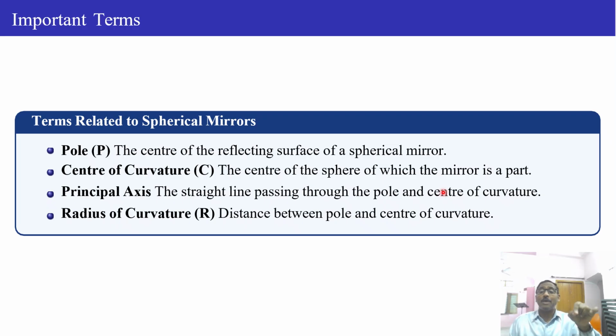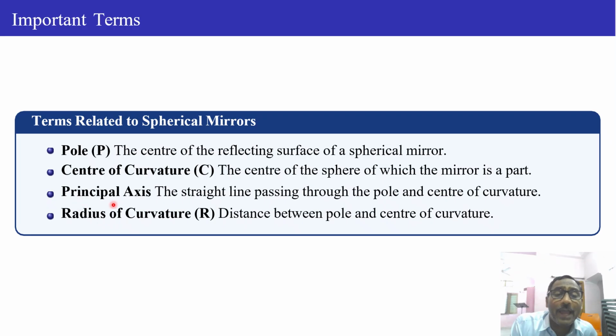We have the mirror, and that mirror is part of some sphere. That sphere's center is known as the center of curvature. We call it capital C.